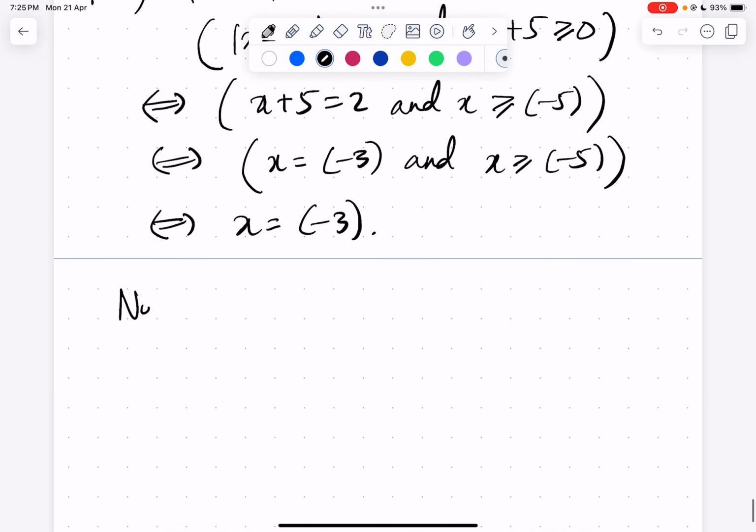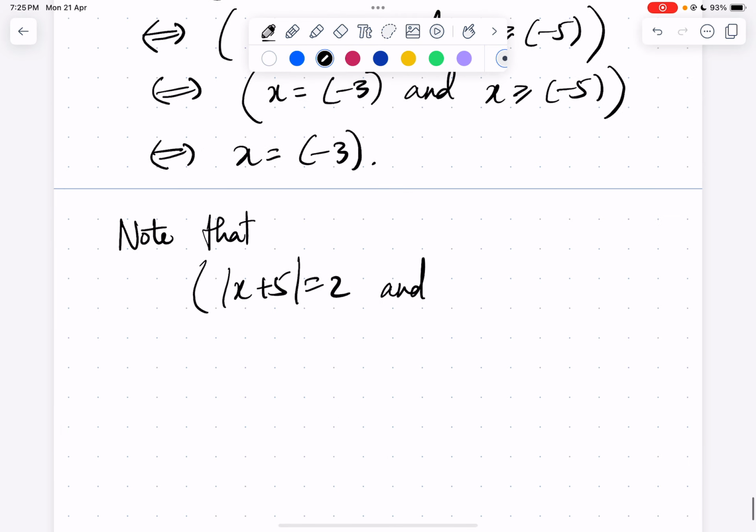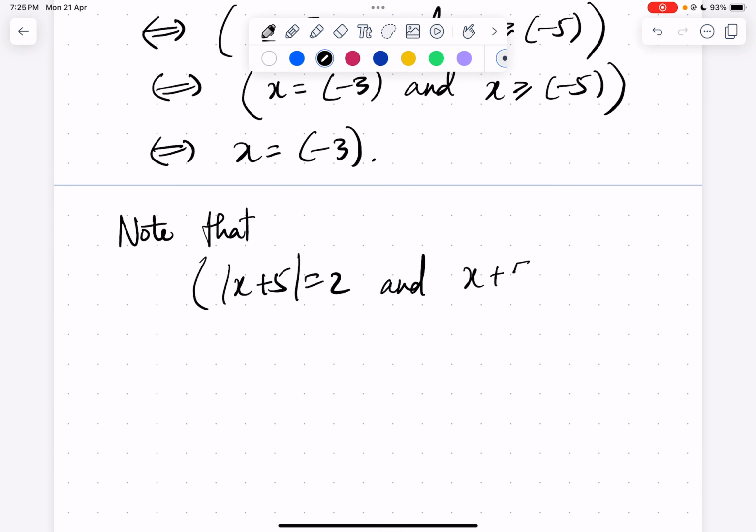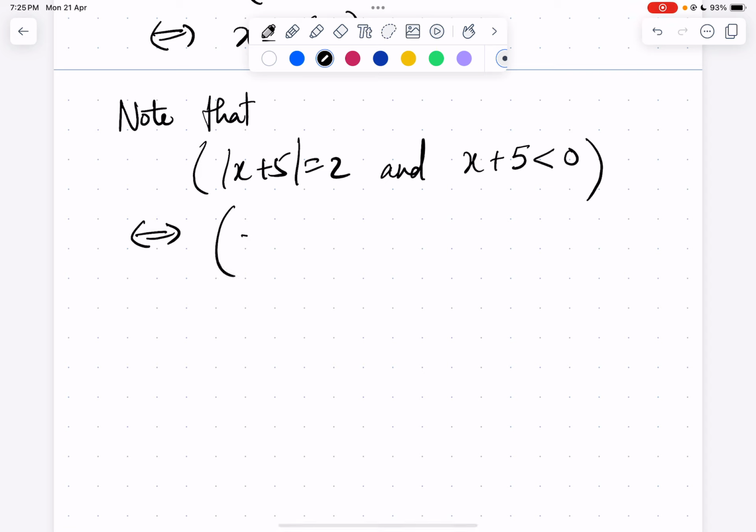So again note that, now we'll take another statement: mod x plus 5 equals 2, and initially we took x plus 5 greater than or equal to 0. Now we'll take the other possibility, x plus 5 less than 0. So this statement is same as saying minus of x plus 5 is 2, since x plus 5 is negative, so mod x plus 5 will be minus of x plus 5.